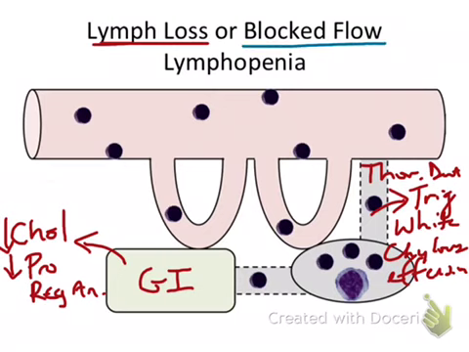Blocked lymph flow occurs when there's generalized lymphadenopathy. And that means that there's generalized pathology of multiple lymph nodes. So almost all of the lymph nodes have something wrong with them.